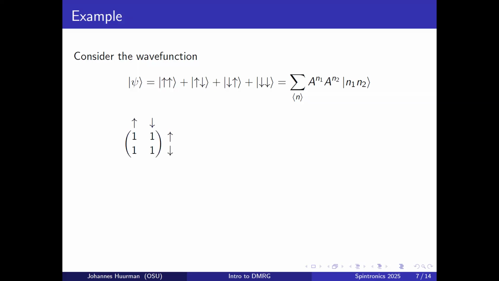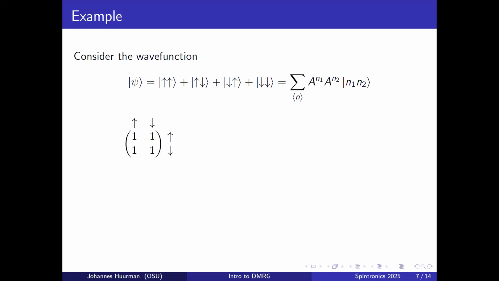So looking at the wave function psi, we can construct a matrix that has ones in all of its entries. So the coefficient of this up state is 1, and then so forth, so up, down, down, and then up, down. These all have coefficient 1. So we can construct this matrix.